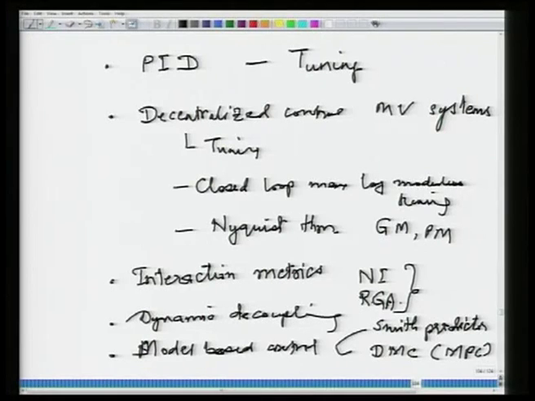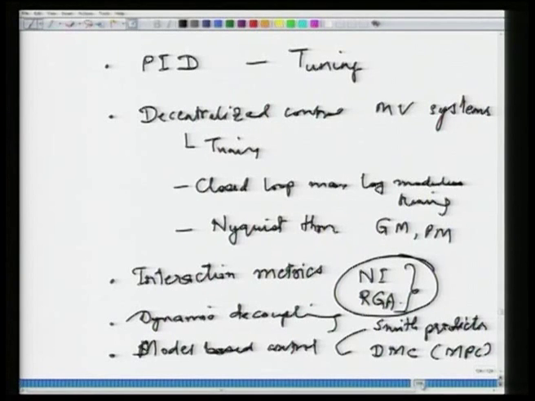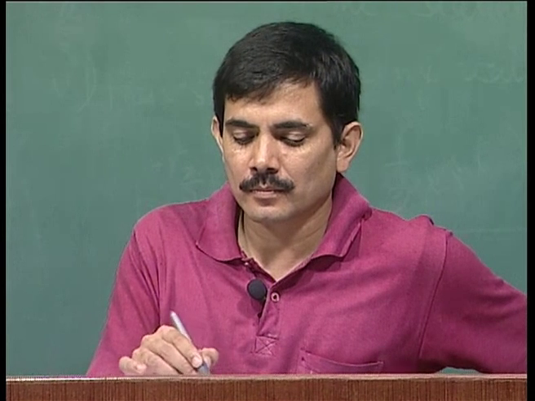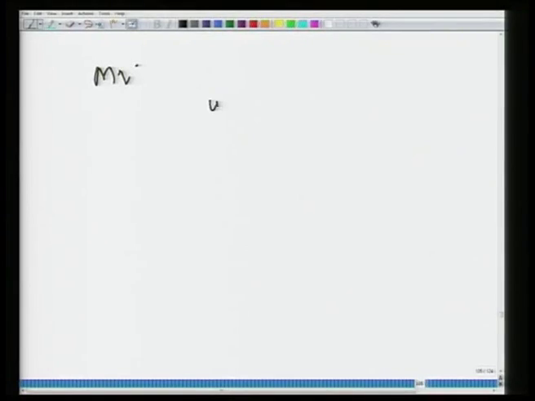Maybe I should also point out, when you are looking at interaction, let us say you have got a multivariable system. That multivariable system will have output y equal to gain matrix times input u, right.